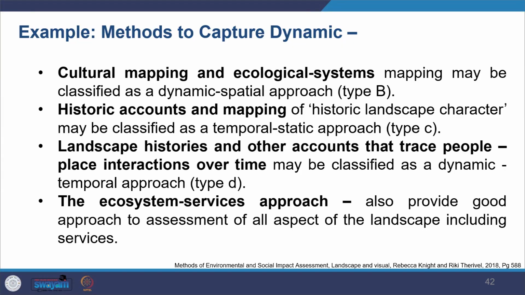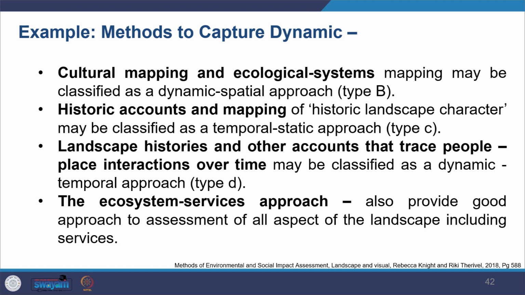In order to capture whether it is static or dynamic, and capturing dynamic can be very difficult, there are some methods to capture the dynamic component of a landscape. You can do cultural mapping, looking at what kind of festivals and rituals take place, and that can be mapped.